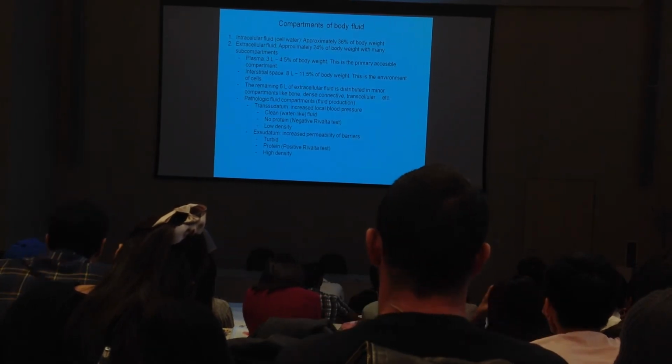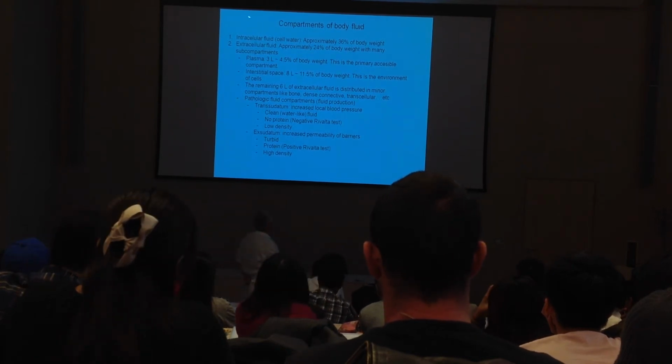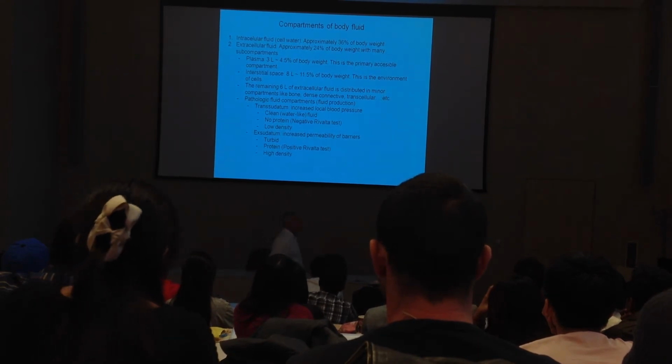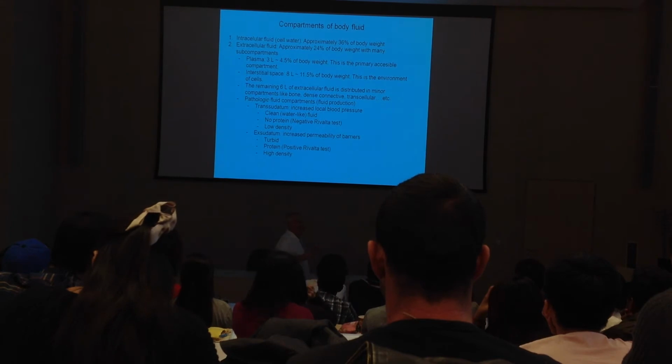First to be mentioned, we have the intracellular fluid or cell water, and I don't think this needs further definition. This means the total water content of the cells. Of course, this water, the so-called cell water, is subcompartmentalized into a huge number of cells.